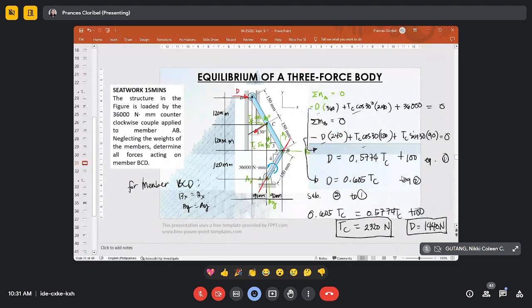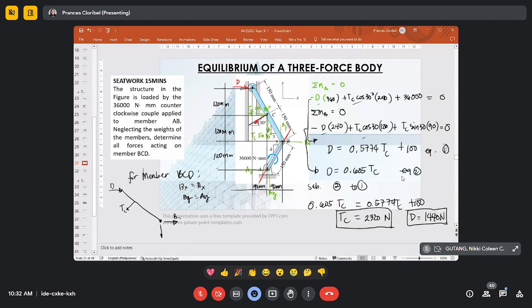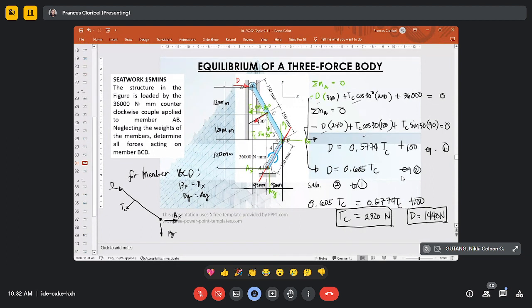For member BCD, this is our free body diagram. We have the normal force or reaction at D and the tension at C, this is our tension C. To get the reaction at B, which is equivalent to the reaction at A, this is our Bx and our By.